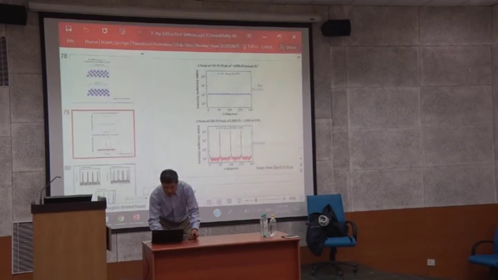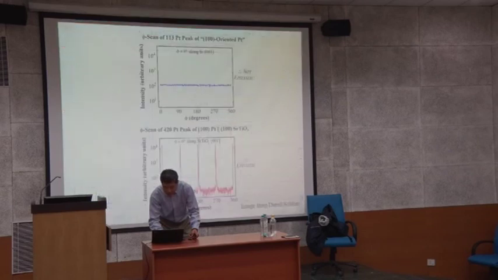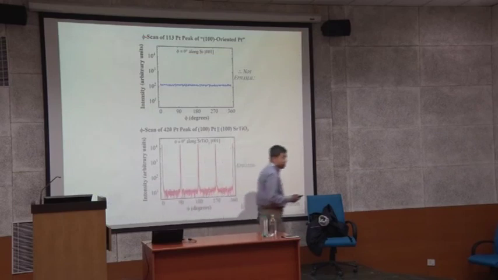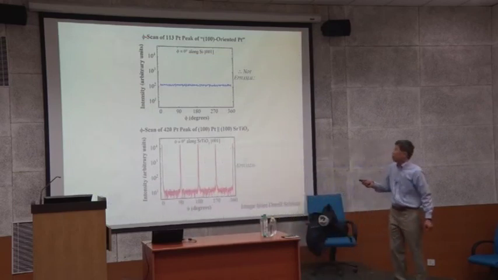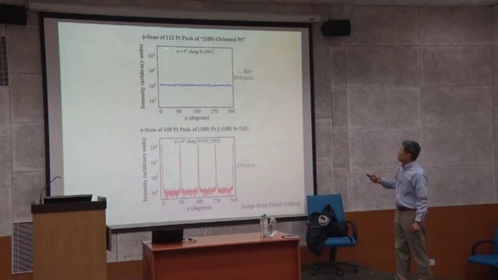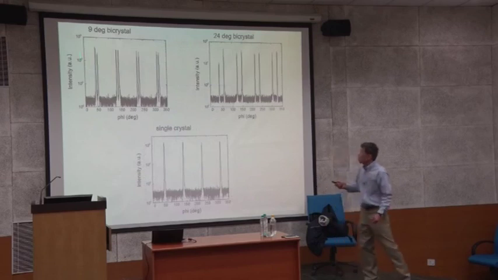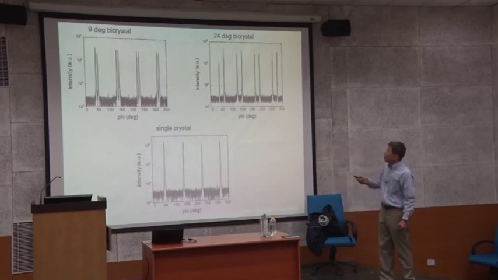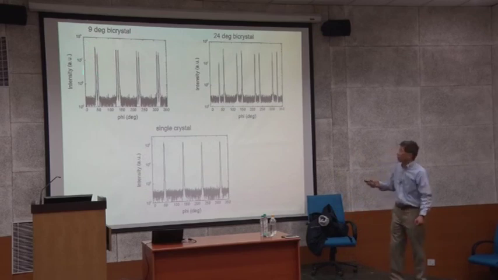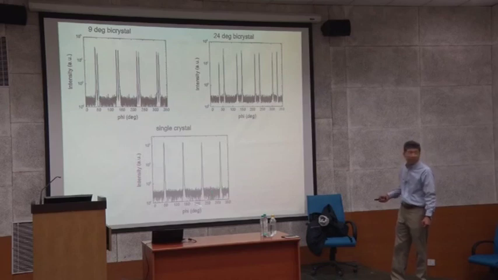So when you have this scan, phi equals 0, and this one is a different one. But look at this one, the bicrystals. When you scan a single crystal, the peak comes every 90 degrees in phi, 1, 2, 3, 4.